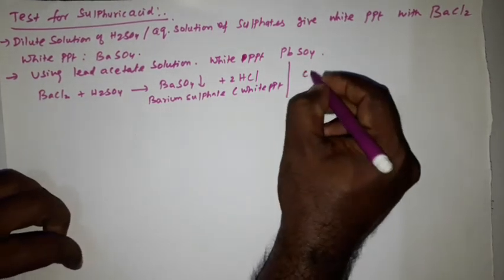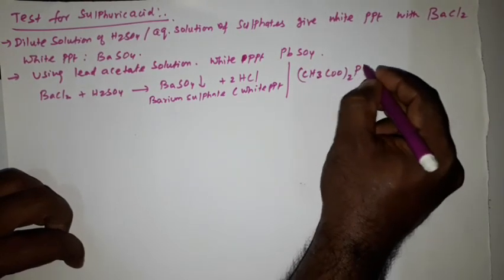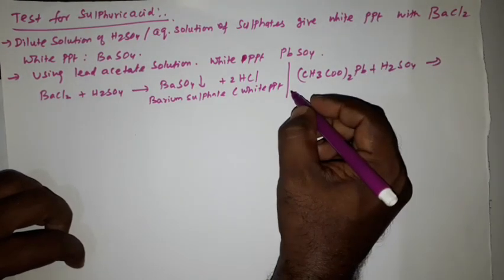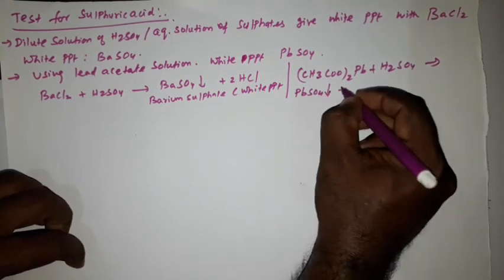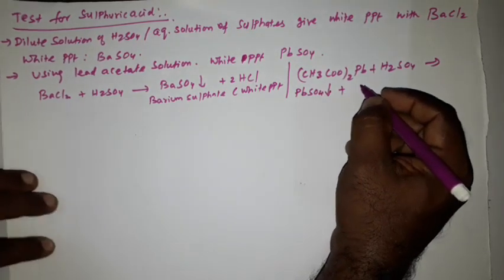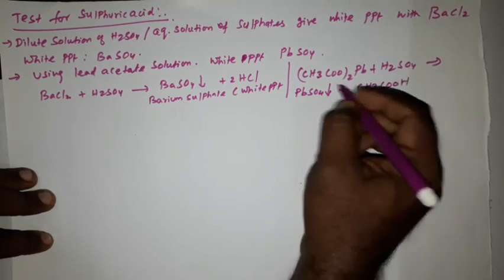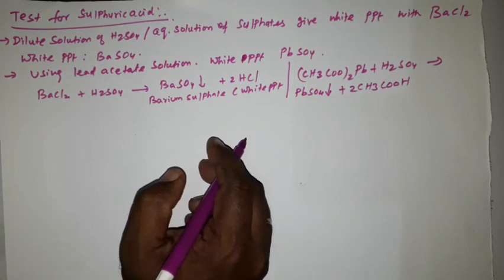The formula is (CH3COO)2Pb plus H2SO4. We get lead sulfate as the precipitate plus acetic acid, CH3COOH. Balance the equation, put 2 here. Now the equation is balanced.